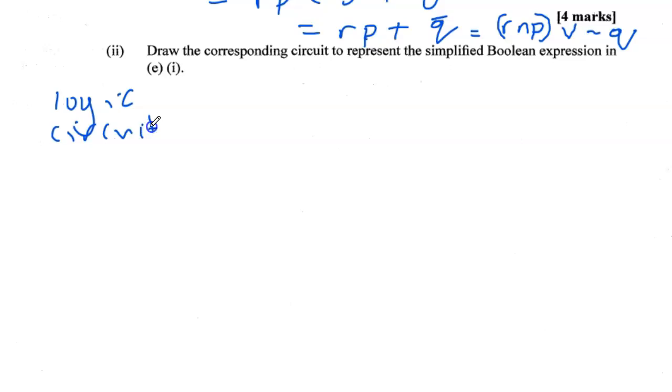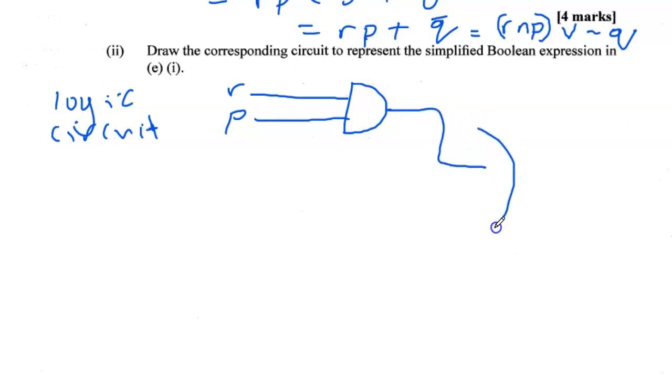So a logic circuit, RP, R times P, so we would have R and P going through an AND gate. And of course, we'll add that to not Q.